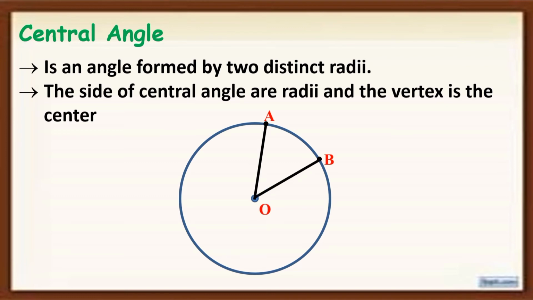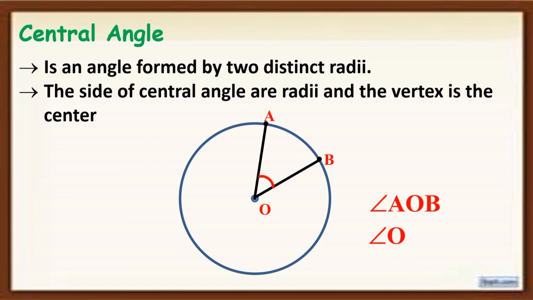As you can see, if you have two distinct radii in a circle, you will form an angle, and that is your central angle. So again, in this figure, angle AOB or angle O is the central angle of this circle because it is composed of two radii and the vertex is at the center. So always remember, a central angle is composed of two distinct radii and the vertex should be at the center of a circle.